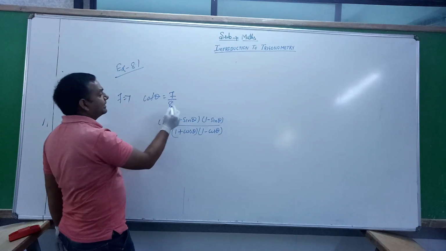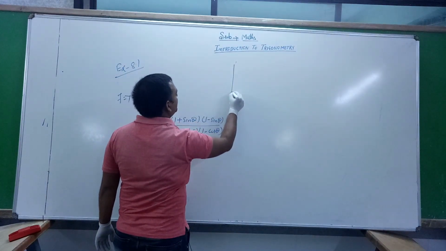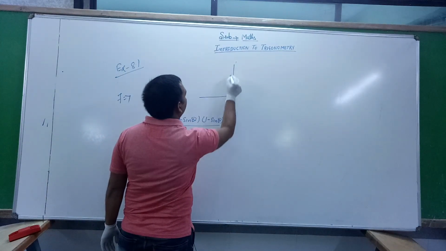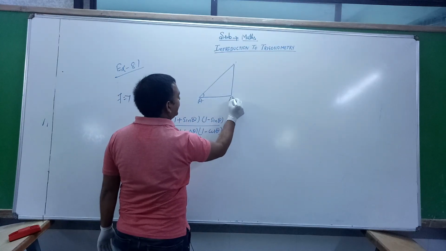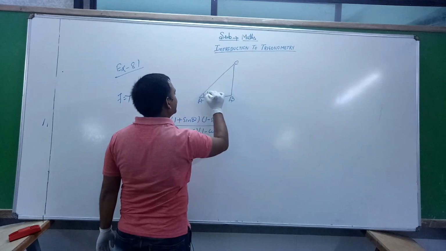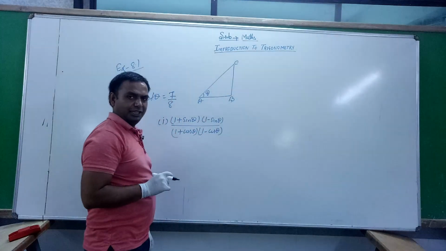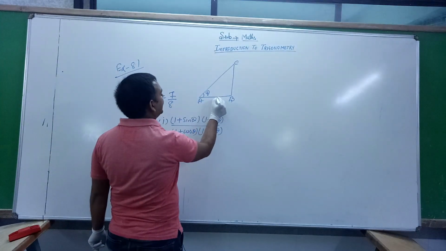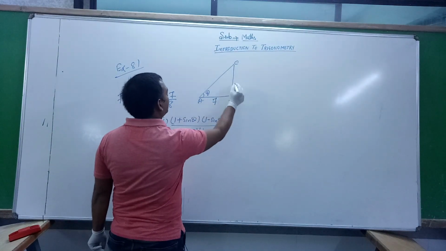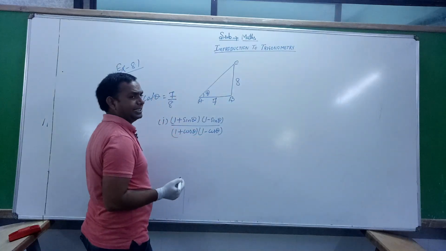Here you see that for cot theta, if you take a triangle, this is triangle ABC, and in triangle ABC that angle is theta. Then cot theta is equal to base upon perpendicular, which is 7 by 8.